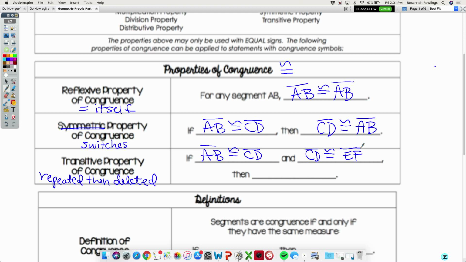CD. So I'm going to circle that in a different color. That CD has been repeated, and now we're going to delete it, so we're going to take it out. If both of those segments are equal to the same thing, they're obviously going to be equal to each other. So we take out that CD and just write that AB is congruent to EF. They're both equal to the same thing, which means they're equal to each other.